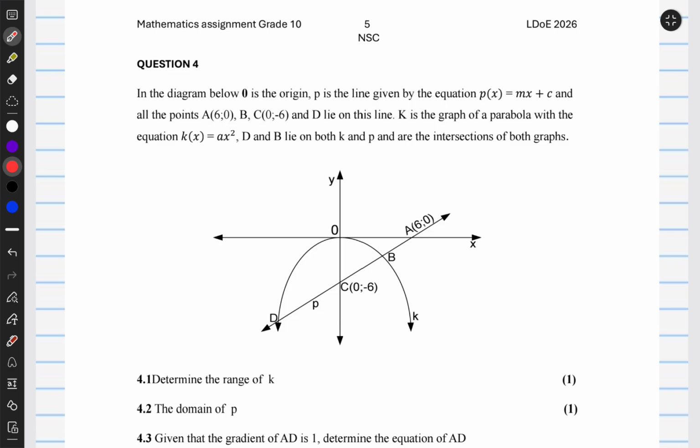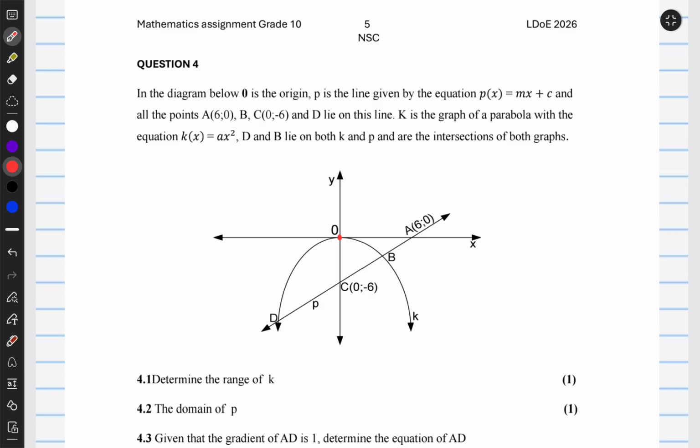Then we can already tell that the parabola only has one root, which is 0, because we have been told that it passes through the origin. Just by looking at it, we can tell that it only has one root.